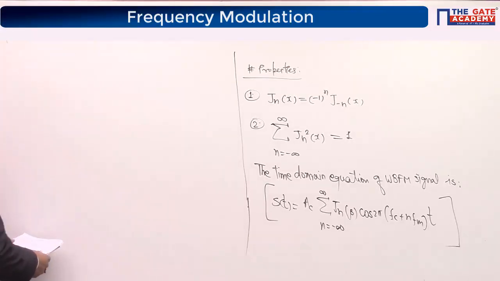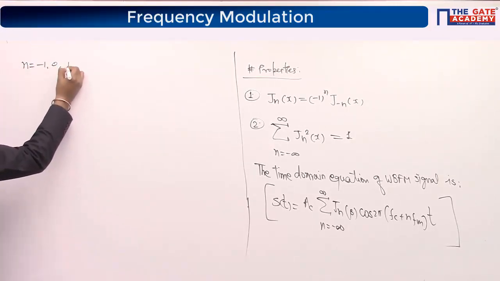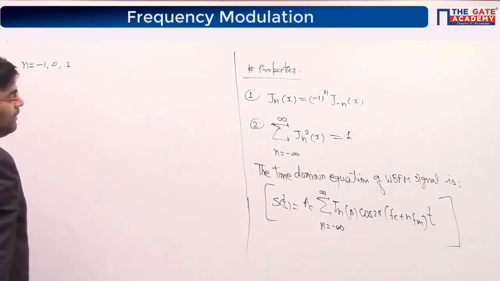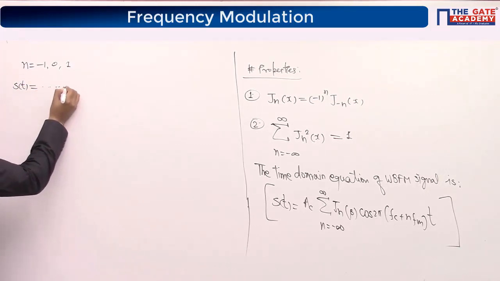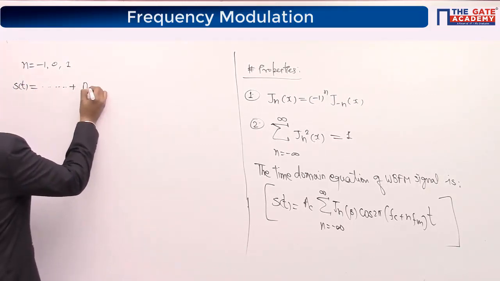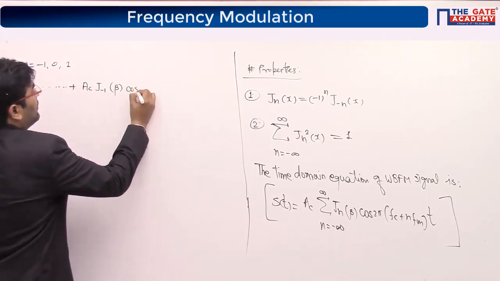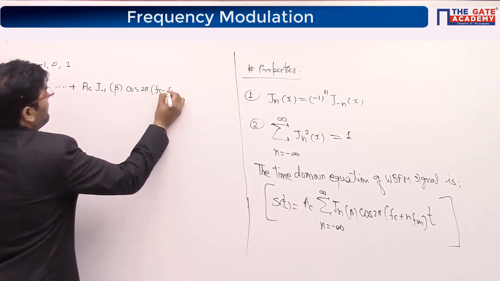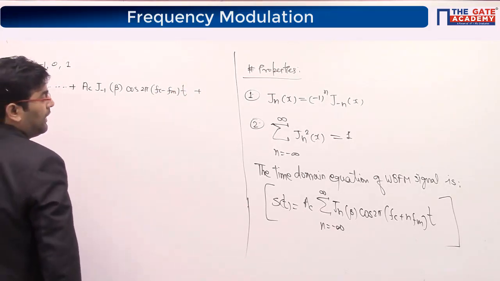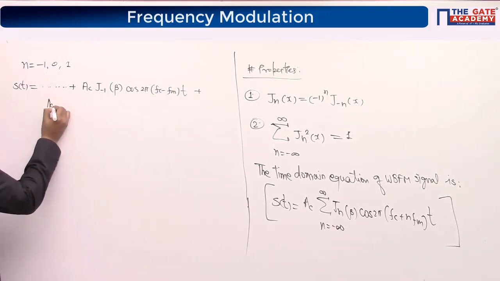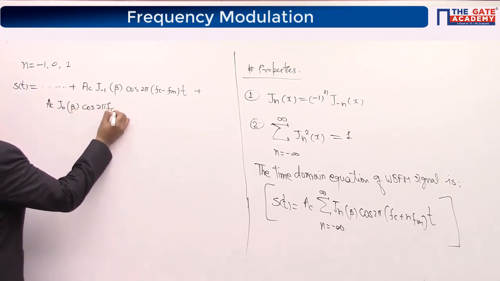And how will you understand? Simple. You just start putting these three values: minus 1, then 0, then 1. You can put any number of n, but just put these three. So you get s of t equal to ... plus Ac J minus 1 beta cos 2 pi (fc minus fm) t, plus, you put n equal to 0, so you will get Ac J0 beta cos 2 pi fc t.